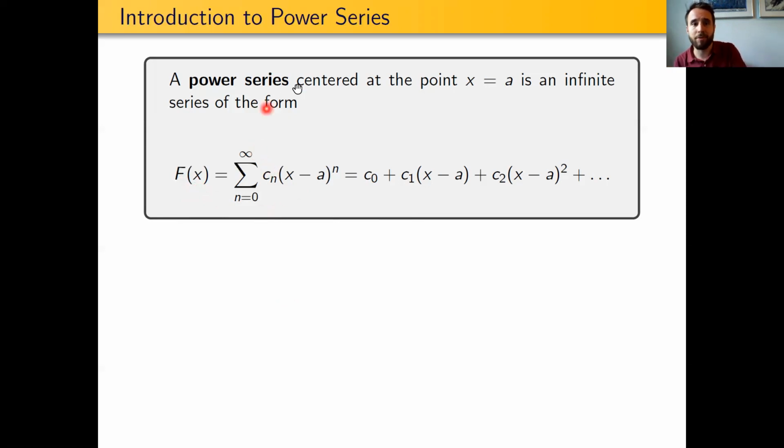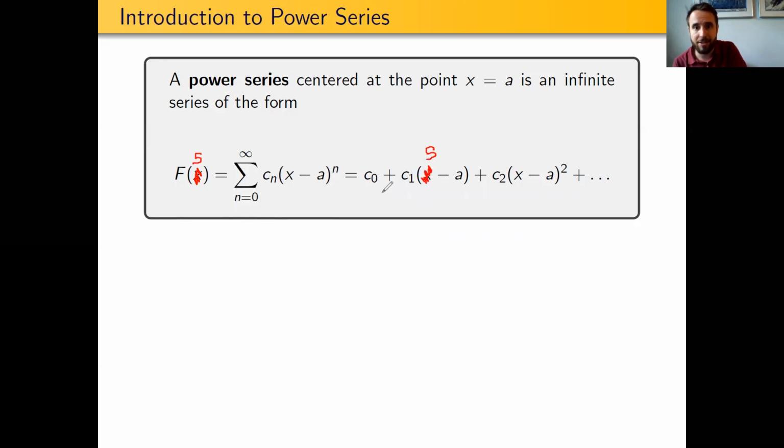For example, let's say I plugged in the value x equals 5. Why not? I'm plugging in an input, and my output will potentially be a number as well. So we would get c sub 0 plus c1 times 5 minus a plus c2 times 5 minus a squared plus so on and so on.